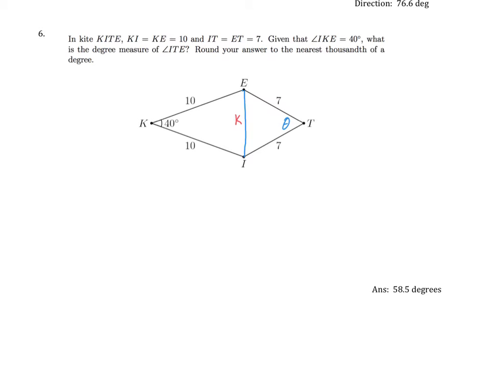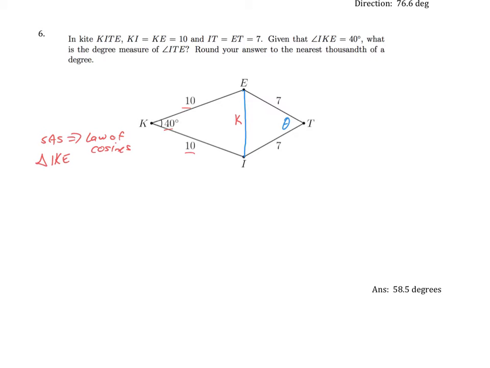So looking at the left triangle, triangle IKE, I can see that I know side, angle, side. And with side, angle, side, we can use the law of cosines to find the side length k.